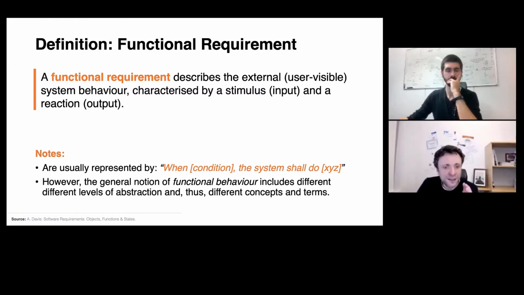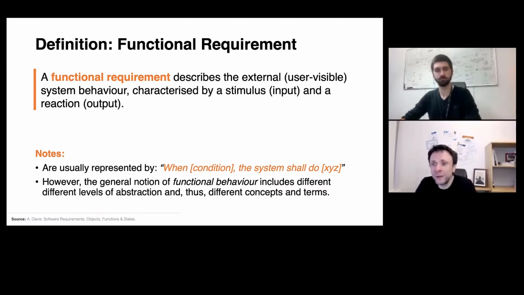This is the very essence of a functional requirement, but there's much more to it. One thing to understand is that this very general notion of functional behavior includes different levels of abstraction, some of which don't even consider a software system at all. Always keep in mind, software is built by humans for humans, and those humans who intend to be supported by a future software system operate in a specific context.